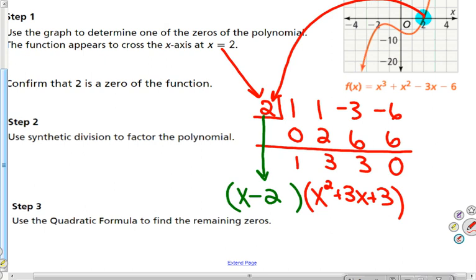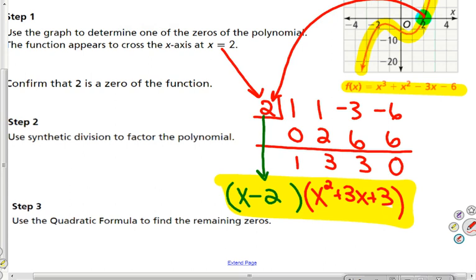X squared plus 3x plus 3. So real quick, if you put this in y equals, you would see this graph. If you put this in y equals, it's the factored version of that, you would see the same graph. Okay? We just pulled it apart into x minus 2 times that.